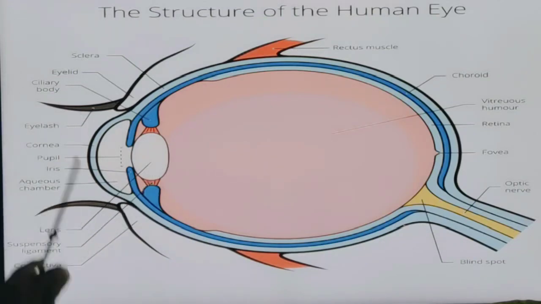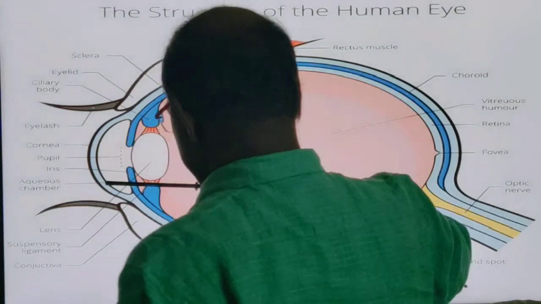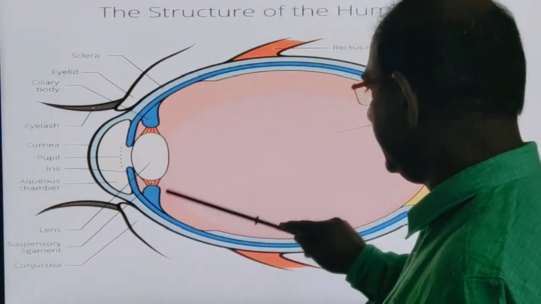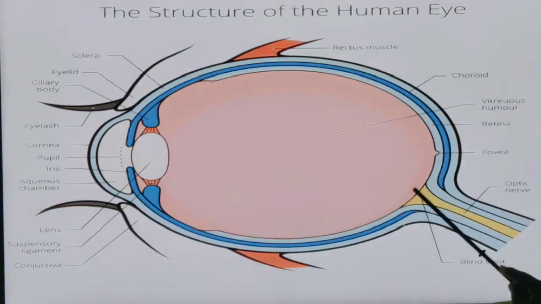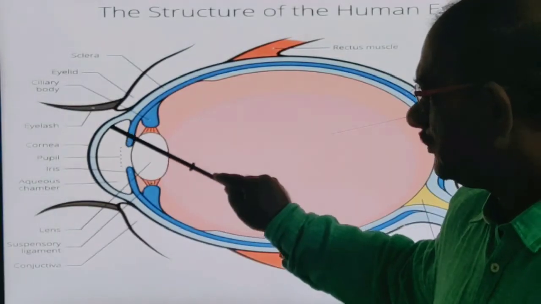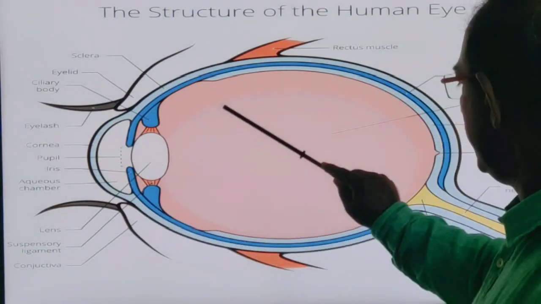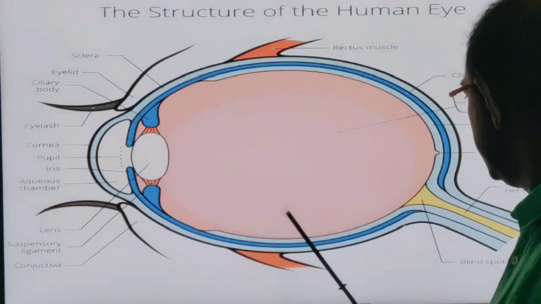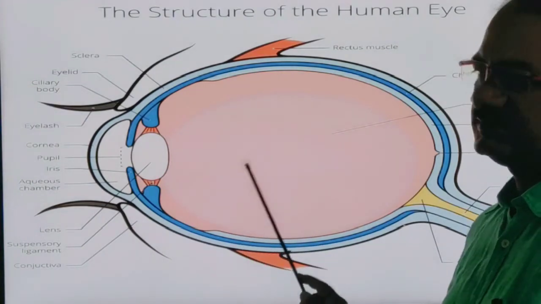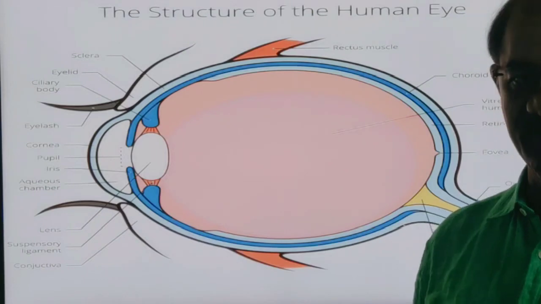They are convex in nature, and the lens is supported by two types of chamber. On the anterior side the aqueous chamber is present, and on the posterior side the vitreous chamber is present. The aqueous chamber contains watery fluid, and the vitreous humor consists of transparent jelly-like substance.